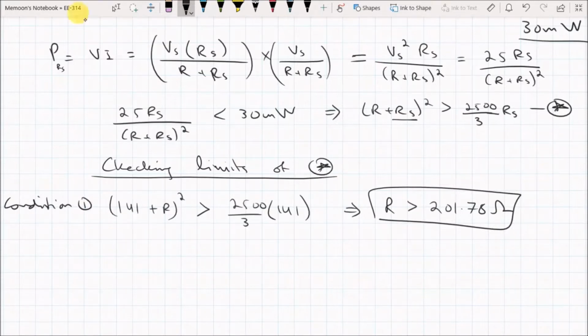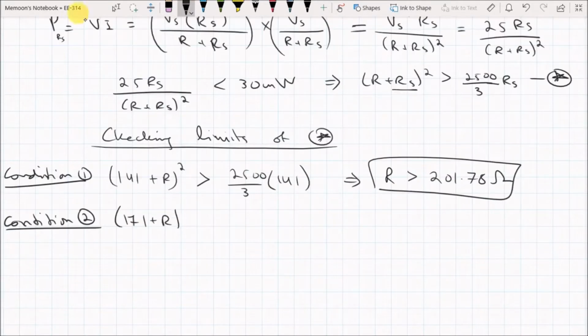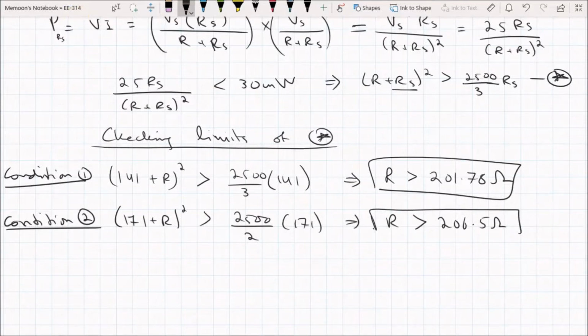For boundary condition 2, let's put Rs equal to 171. So this means that our equation would become like this, and this will give us R should be greater than 206.5 ohms.